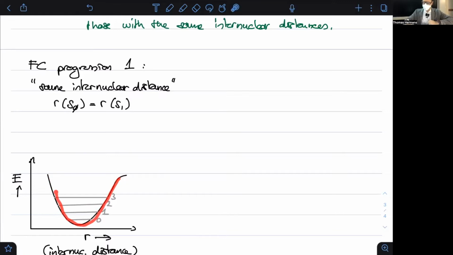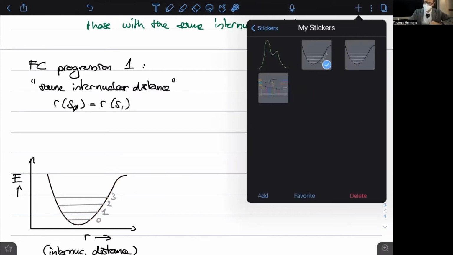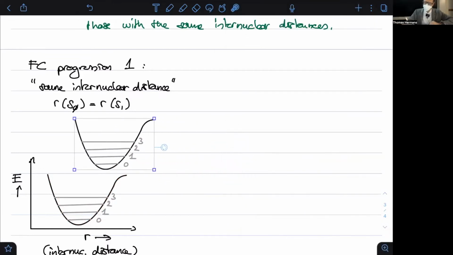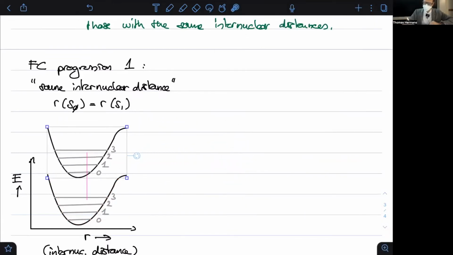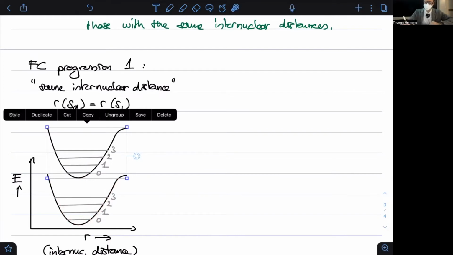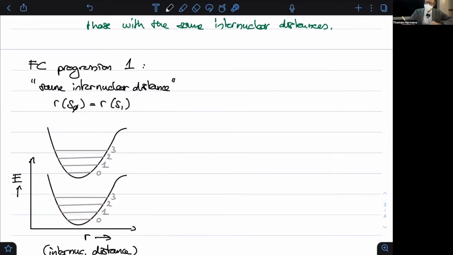That's why this is a U shape. So there's a minimum energy of the distance between two atoms. Okay, so let's draw these two levels exactly aligned, right? So I have my S0 state, my ground state, and I have my first excited state, S1.